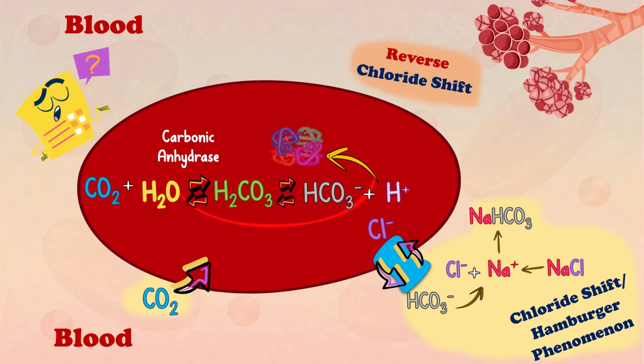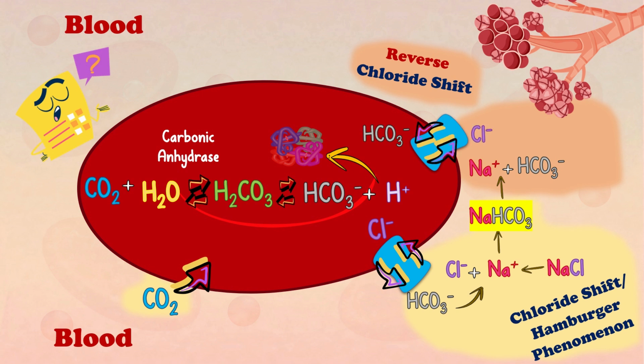When blood reaches the alveoli, sodium bicarbonate in plasma dissociates, again forming sodium and bicarbonate ions. Now, these bicarbonate ions move into the red blood cells, and chloride ions compensate by leaving the red blood cell and entering into the plasma.